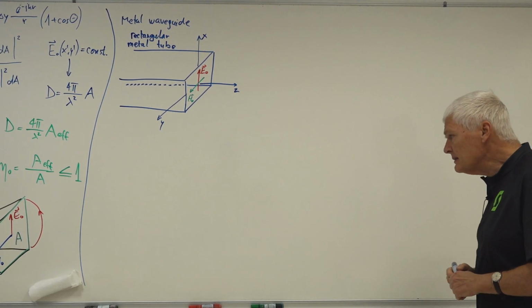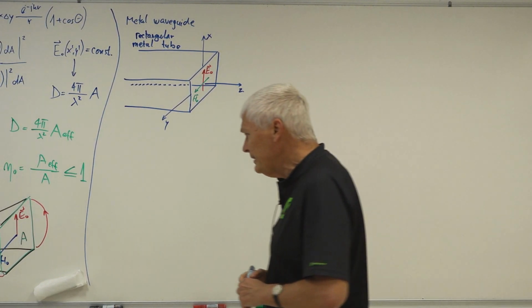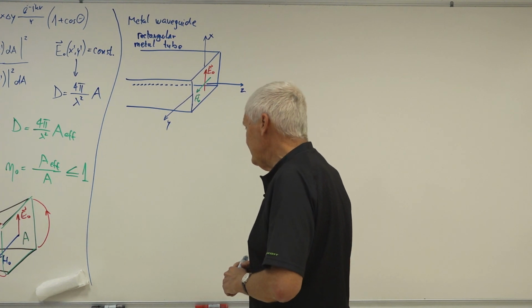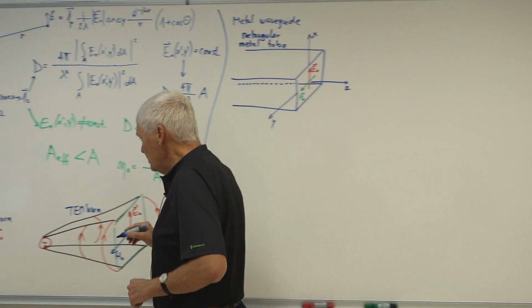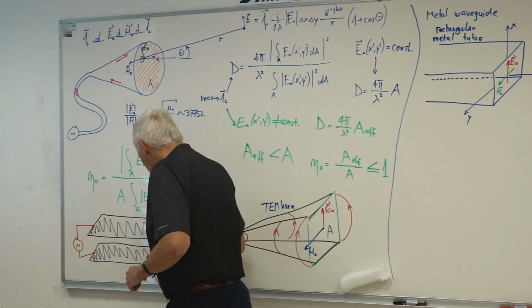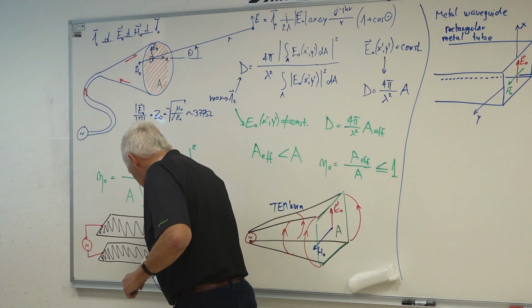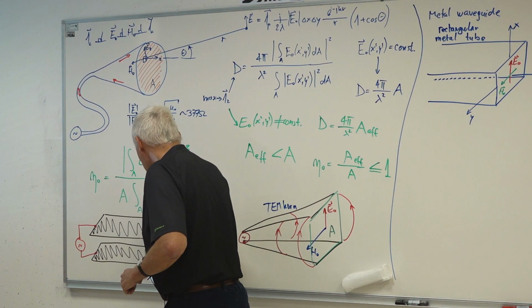How do we explain the operation? Well, we may start from a parallel plate transmission line, where we load this parallel plate transmission line with shorts, wire shorts, this way.